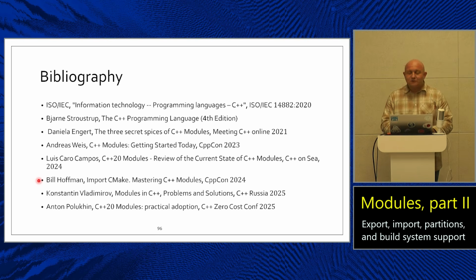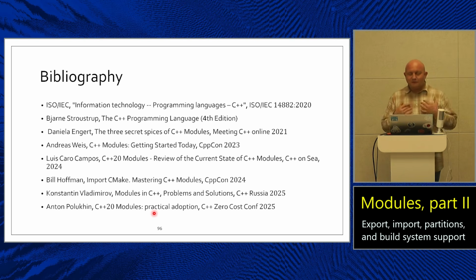A must watch if you want to use modules seriously in your builds. And then a few talks in Russian, optional but highly recommended. And this is Anton Pavlyuchin's practical adoption of modules. Excellent, especially his discussion of modularizing most libraries, different approaches, different outcomes, worth studying.